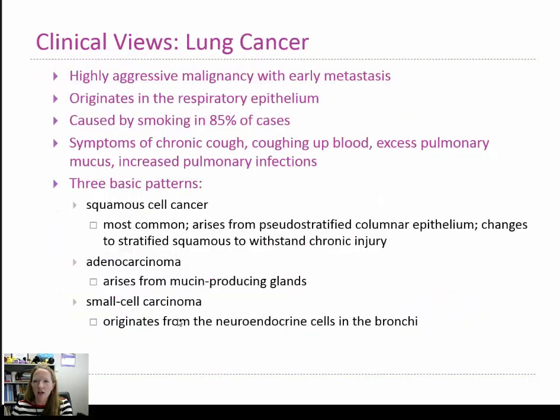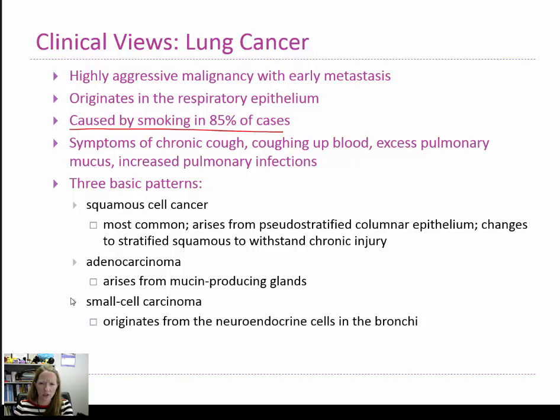So let's take a look at lung cancer, again, caused by smoking in 85% of the cases. So this is obviously a highly aggressive malignancy with early metastasis. So lung cancer is actually going to be the number one cause of cancer deaths in the United States.